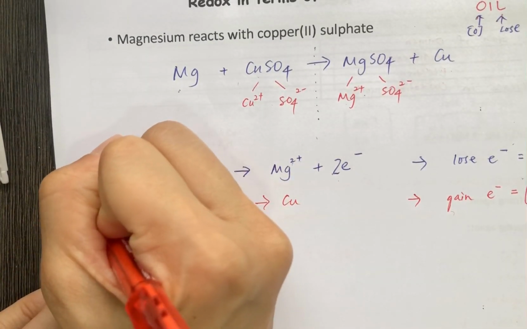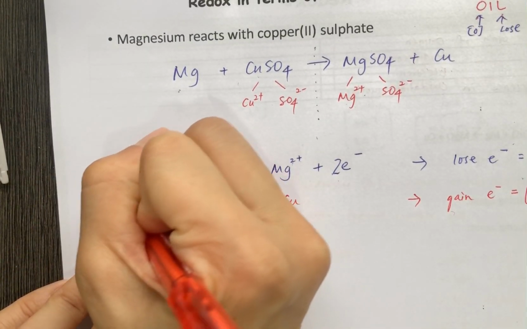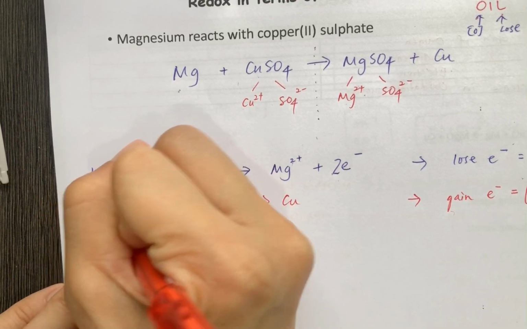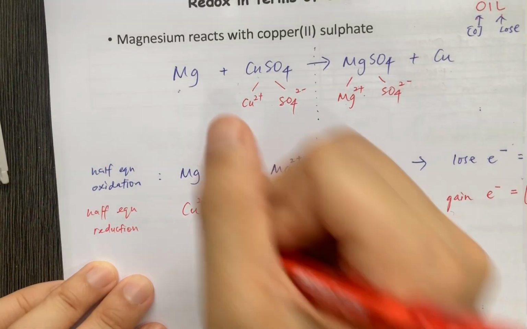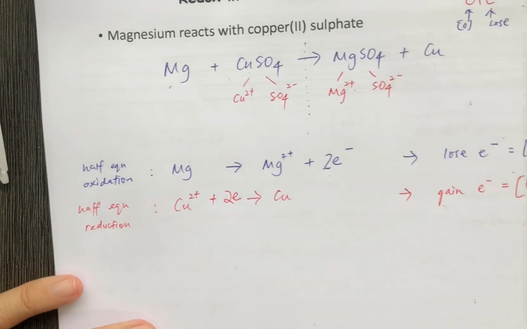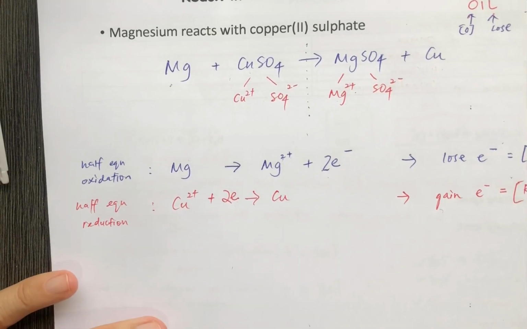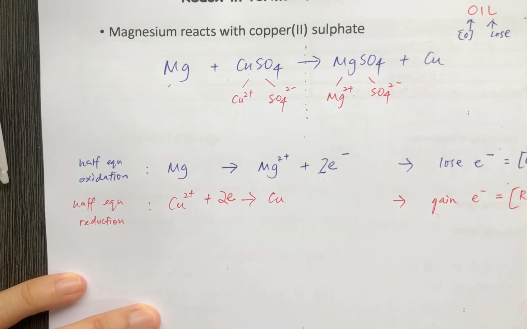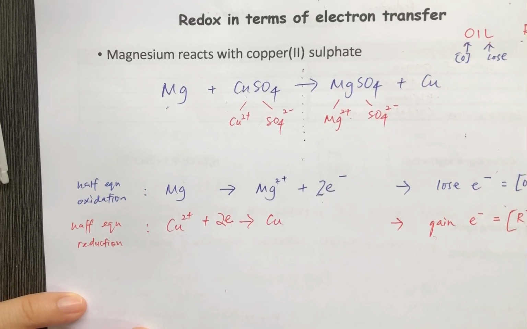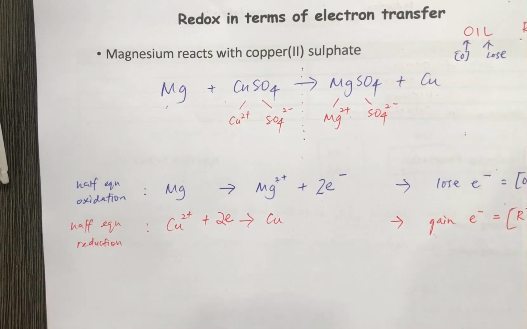So this is the half equation for reduction. This is how you analyze a redox reaction in terms of electron transfer. After I give you two examples, the previous one and this one, I bet you have a better idea on how to analyze redox in terms of electron transfer.